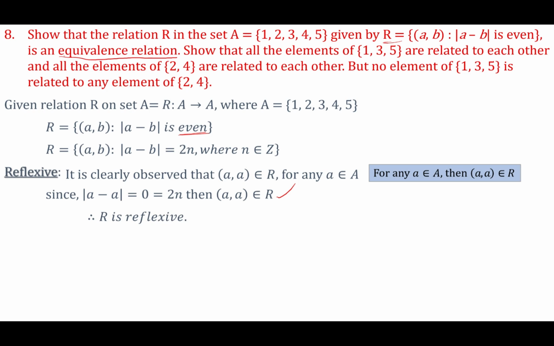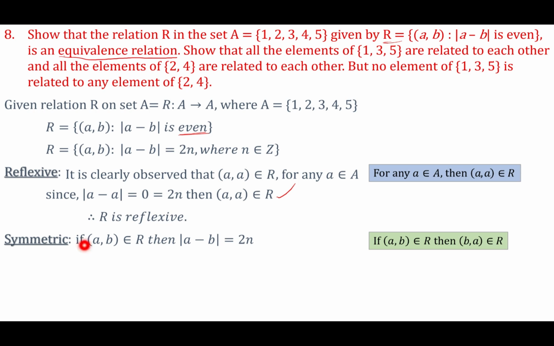Now come to symmetric. Symmetric definition, we know it: if (a, b) belongs to R, then (b, a) must belong to R. So if (a, b) belongs to R, that means |a - b| is equal to 2n.